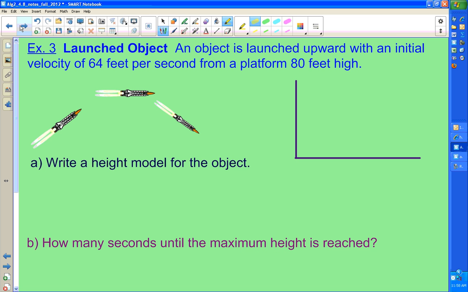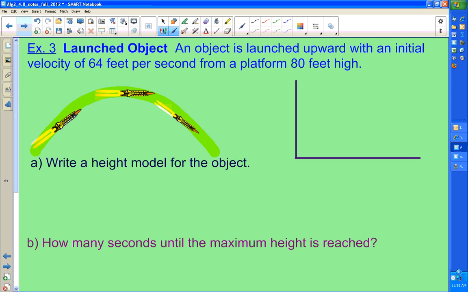So here's an object. It may not be the best object to use because it looks like it has its own power source, but what we want you to realize is that the object is launched and it doesn't have a power source. It keeps going up, up, up, following this path, and then it comes back down to the ground. The first question that we almost always ask is for you to write the model for this.